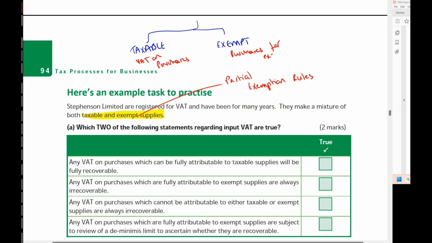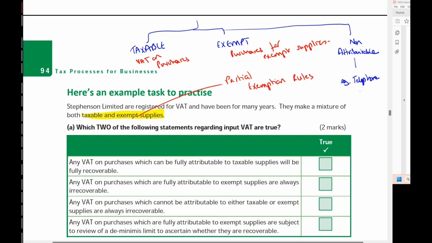What did I purchase that I then sold in the exempt category? And then I'm looking for others, what we call non-attributable. So I'm looking for the VAT on other things where I can't say specifically they fit into one category or the other, things that might be a little bit of both. Let's say, for example, our phone bill.